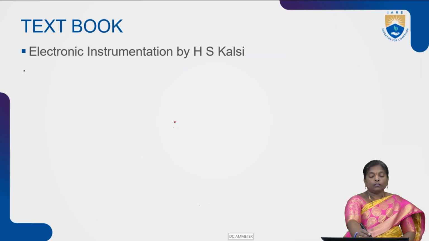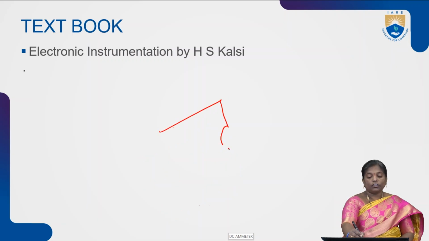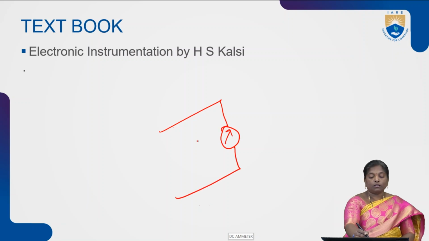If you consider a normal circuit of an ammeter, in this is the PMMC meter and this is resistance RSH1.